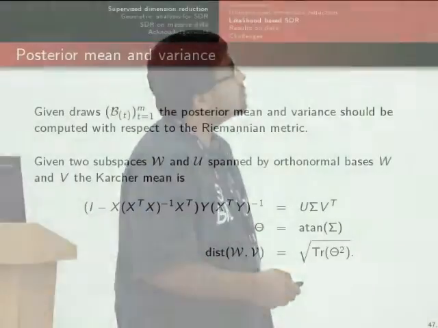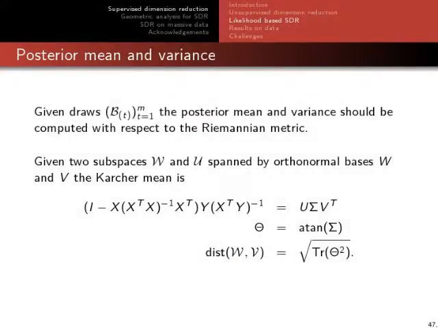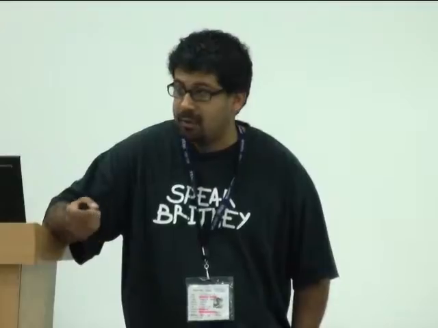The first implication is that since I have posterior estimates of these, I'd probably want to find the mean and look at the variance of them, right? So what's a natural way of looking at the mean? You don't want to average all the elements in these subspaces because that's not the natural distance or geodesic, right? So you can actually compute the barycenter in this case because you know this geometry. And similarly, once you compute the barycenter, you can get the variance, okay?